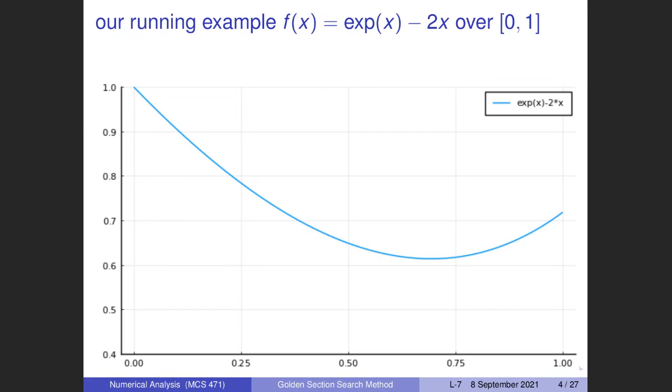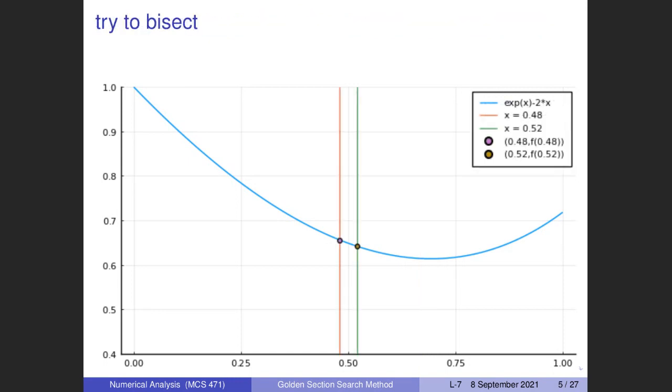So take the natural logarithm of 2, and that's kind of around 0.6. So the minimum lies around here. All right, a very nice function, continuous. That will be our running example.